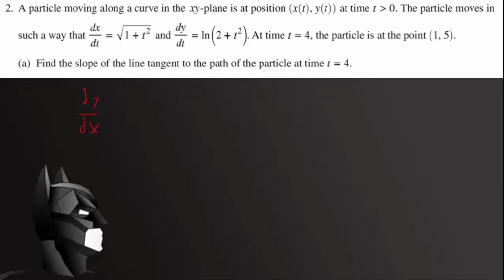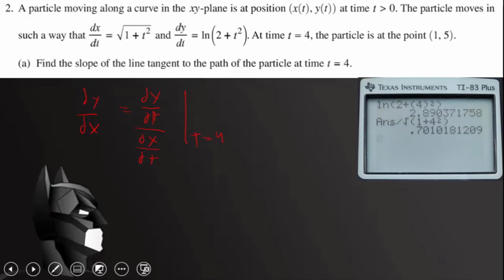Luckily for us, these equations are given, so we write dy over dt and dx over dt, which when simplified is just dy over dx, and then we evaluate this at t equals 4 seconds. Our trusty Bat computer is able to do the rest, and if you look down below you can see the basic calculations, leaving us with an answer rounded to 3 decimal places of 0.701.